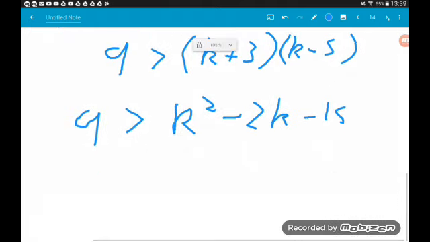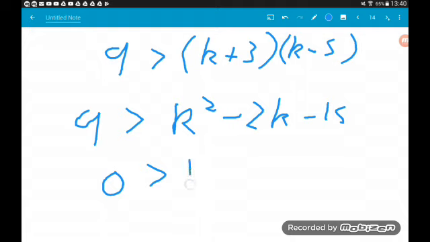So what we can now do is subtract the 9, so we get 0 is greater than k squared minus 2k minus 24, which is exactly the thing we were trying to show.